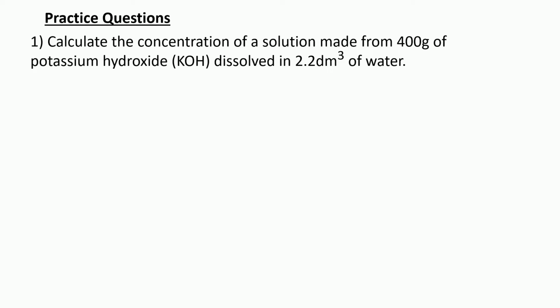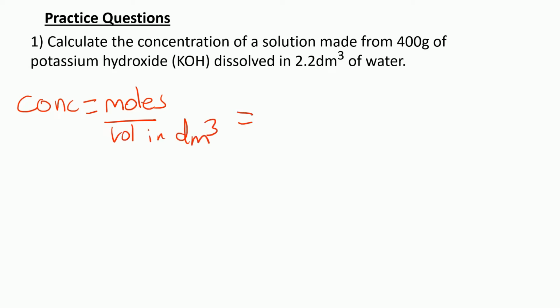So on question 1, once again we start off with concentration equals moles over volume in dm cubed, which is, well, we need to work out the moles because we don't know the moles yet.